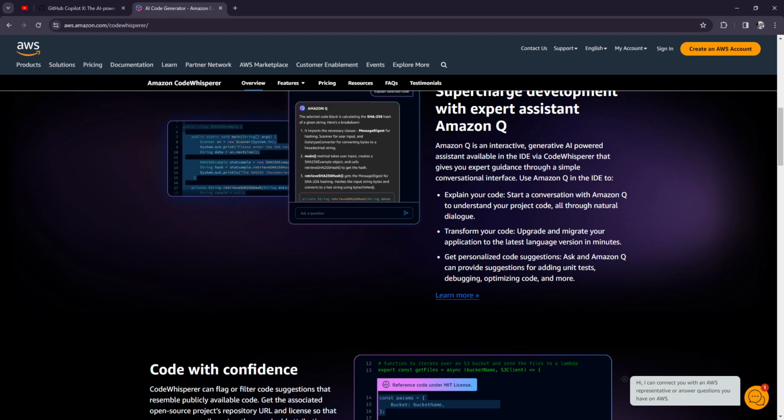Actually, the next thing is which one should you use for your project, or whatever it is that you're doing with code.